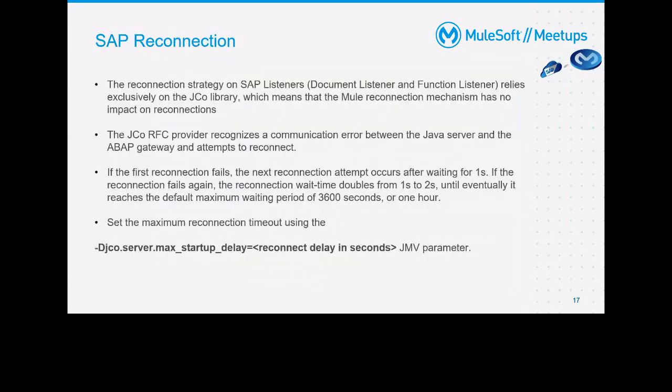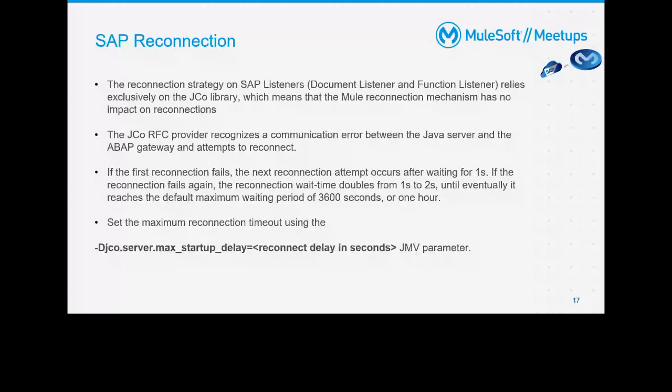Next topic is SAP Connector reconnection, in case we are listening for IDoc or function listener. Why am I covering this? Because this is different from the general reconnection strategy. SAP listener relies exclusively on the JCo library, which means that the Mule reconnection mechanism has no impact on reconnection.